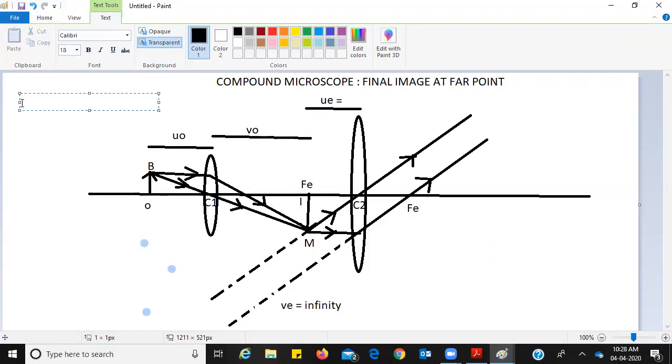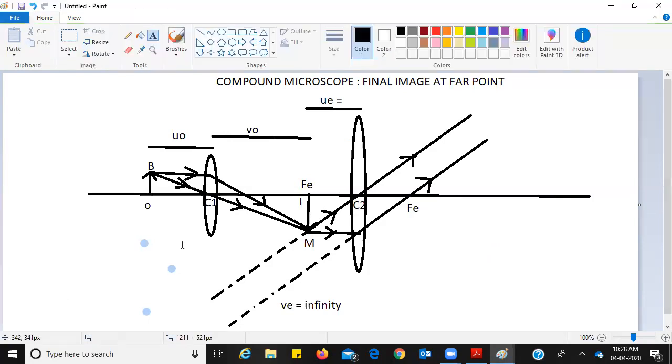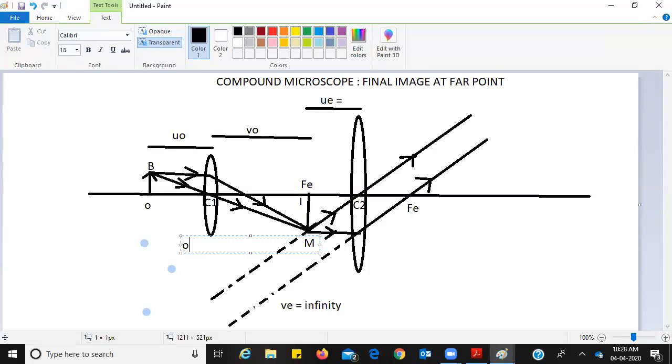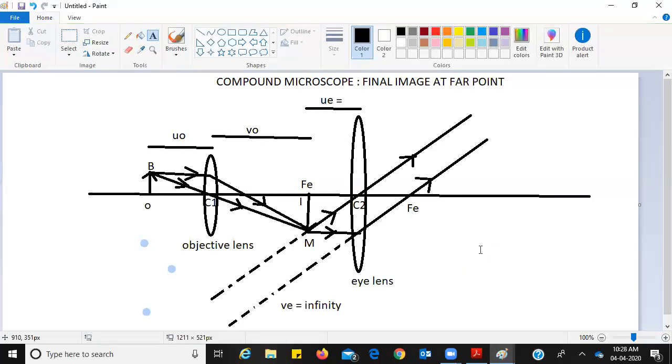The properties of the lens remain the same, okay? Objective lens and eye lens. Yes, sir. Can you try the derivation? So I got HI by HO into D by FE.